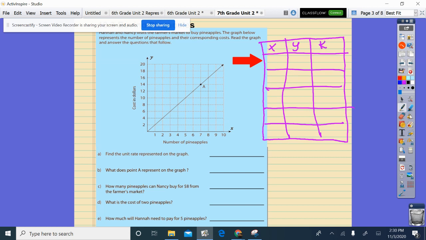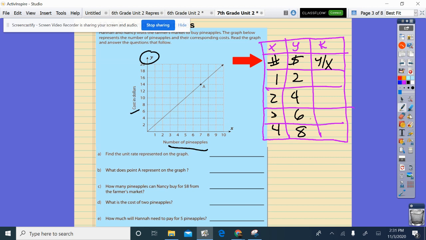X is the number of pineapples, so I'm going to put number there for pineapples. And the Y-axis talks about dollars. K equals Y divided by X. Then I just transfer over the values, 1, 2, 3, 4, and then the corresponding y values, 2, 4, 6, 8.